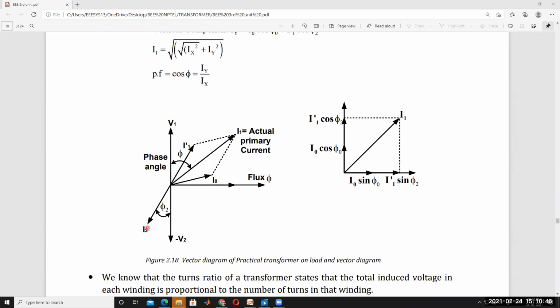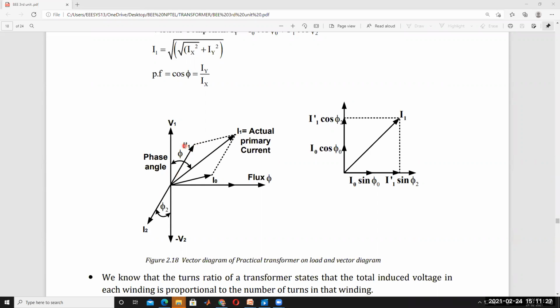But here I2 is extra, because of the load. So the load is connected, and that is why we have the load power factor angle phi 2. Current I2 lags the voltage by some angle phi 2, so we indicate it like this on the load side. I2 is exactly proportional to I1 but in the opposite direction, with the same magnitude.